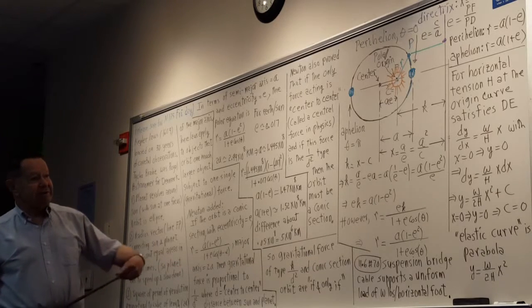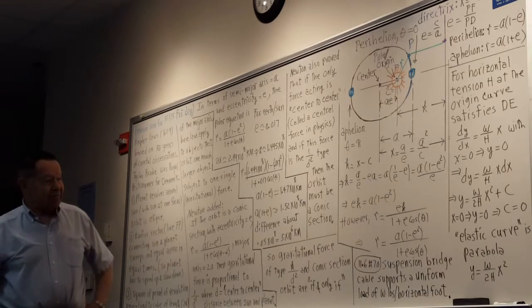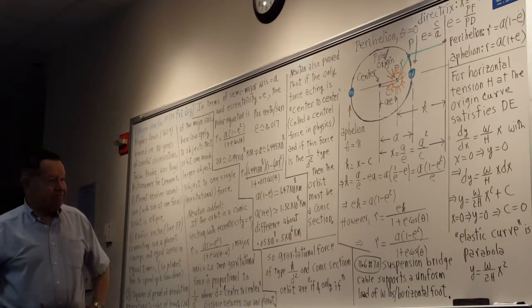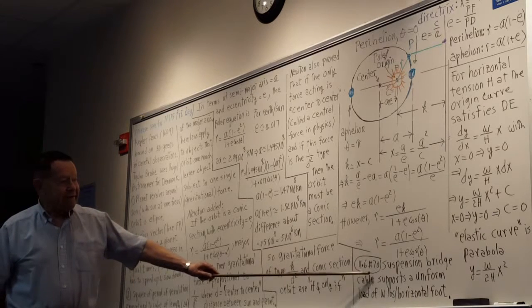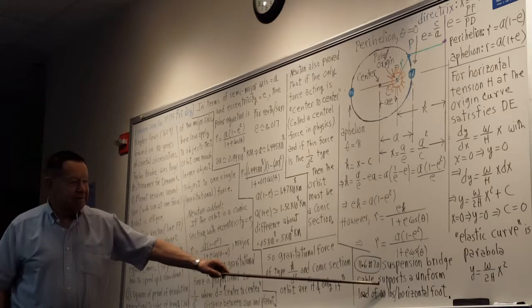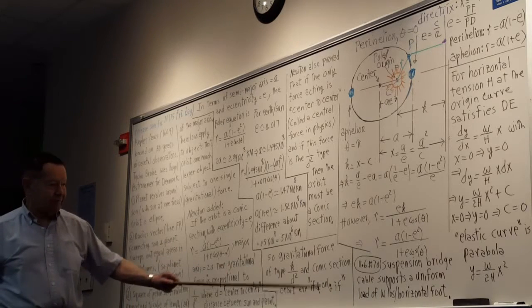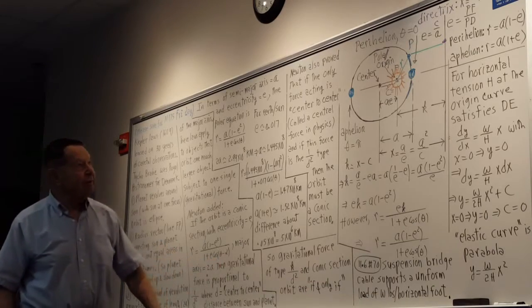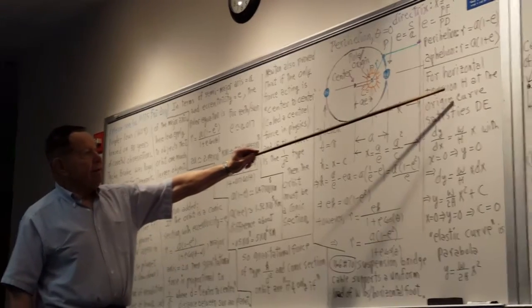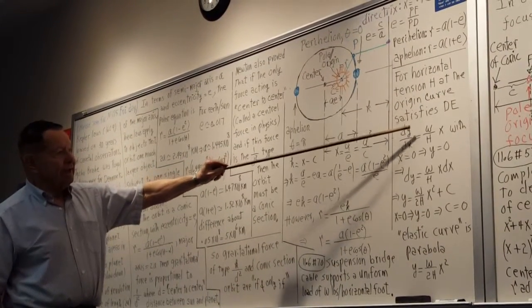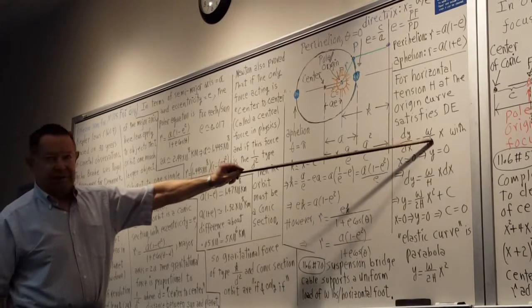Okay, now let's look at some problems that are in the 11.6. Number 70 is interesting. They are telling you that if you imagine a suspension bridge cable that's supporting a uniform load of W pounds per horizontal foot, then for horizontal tension H at the origin, the curve will satisfy this differential equation.